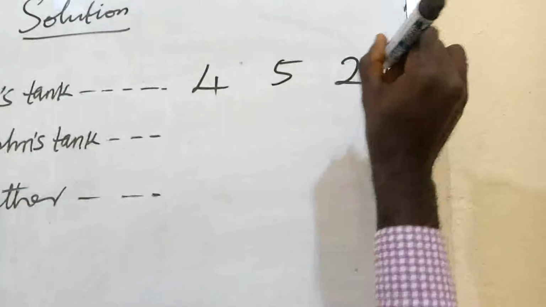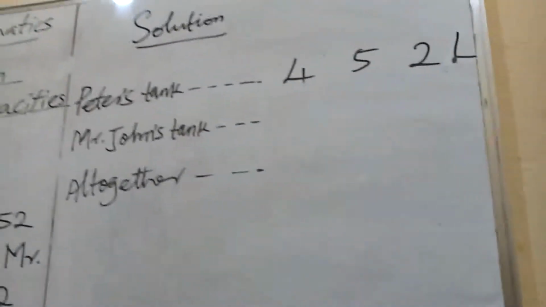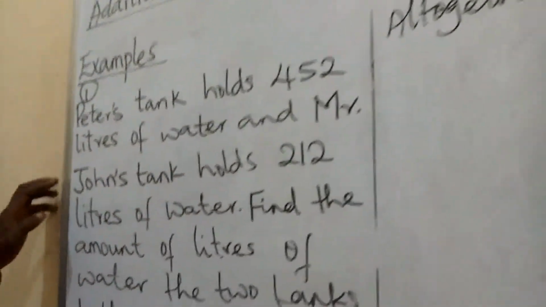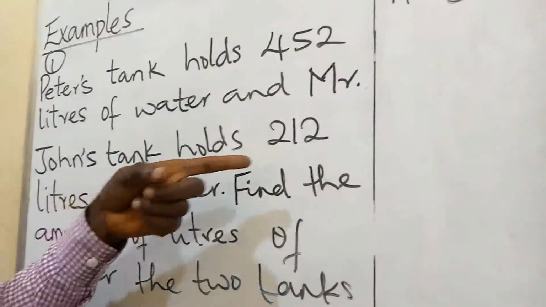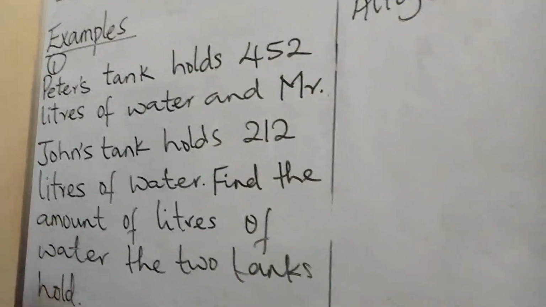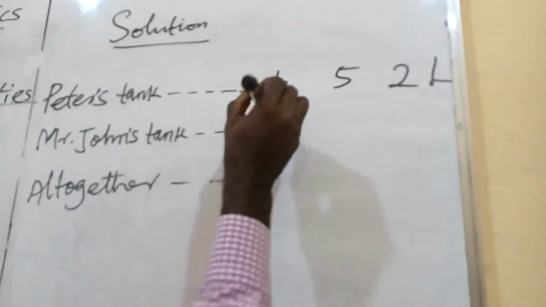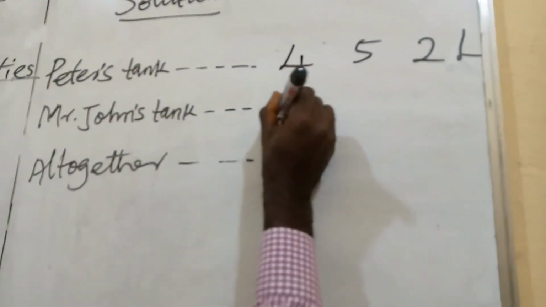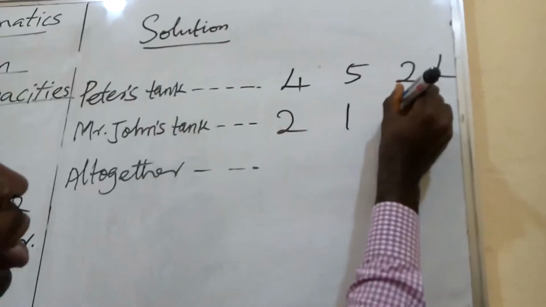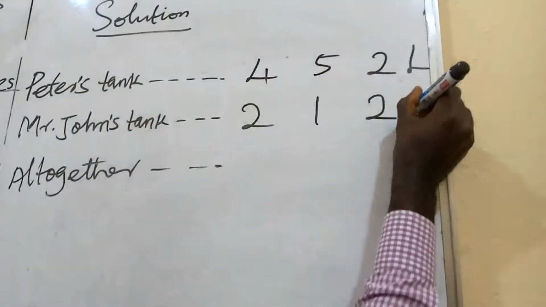We can use L for liters. And then Mr. John's tank holds what? 212 liters. We have here Mr. John's tank, 212 liters.